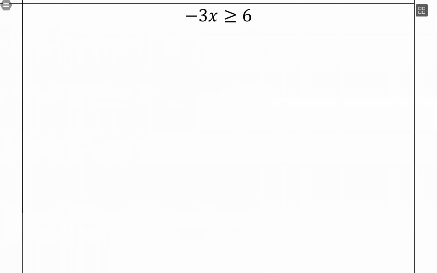Last piece here, I'm multiplying by a negative number there, so I'm going to divide both sides by negative 3. This is where I want a little red flag going up in my brain that this is the special case that we need to be careful of. In terms of calculation, that goes exactly the same. That would be x. 6 divided by negative 3 is negative 2.